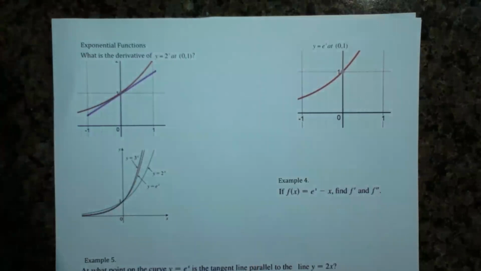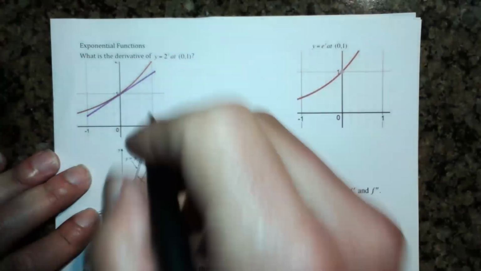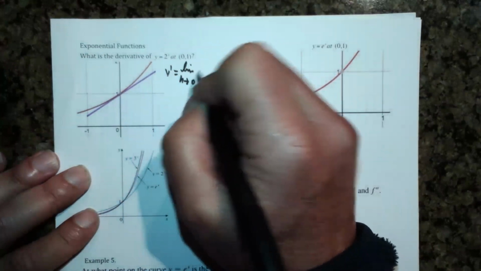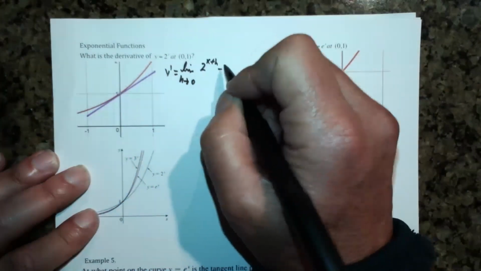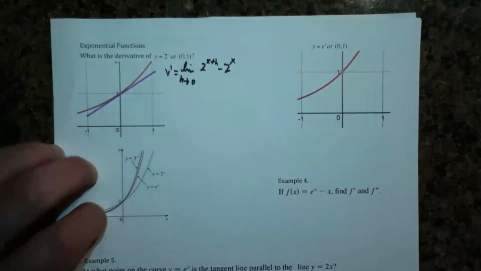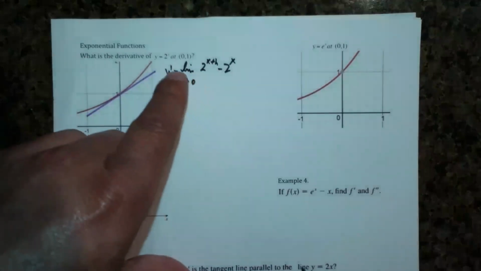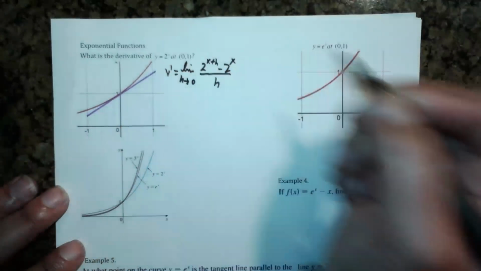So what I'm going to do is I'm going to use our definition. Our function here is y equals 2 to the x power. So y prime is going to be the limit as h approaches 0 of 2 to the x plus h minus 2 to the x. And I want to point out that x is 0 in this case. This is all over h, of course.